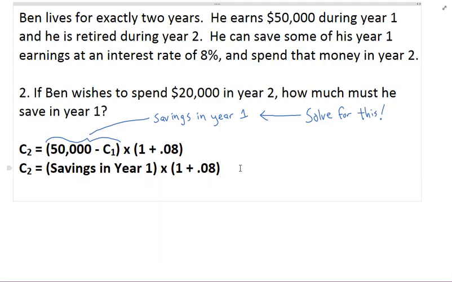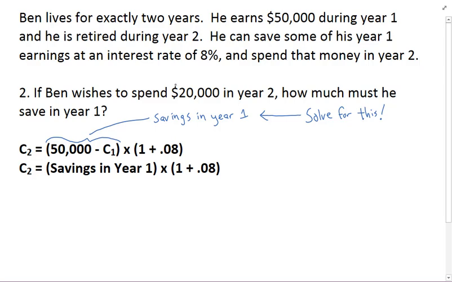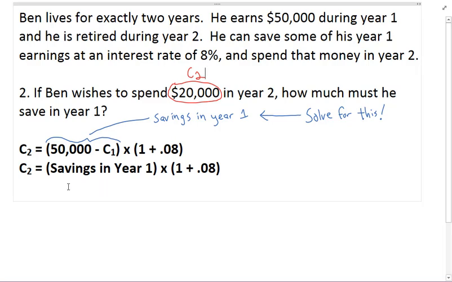We can plug in the number for C2. C2 is his spending in year 2. He wants to spend 20,000. So we can put that in for C2. Here I go. 20,000 equals savings in year 1 times (1 plus 0.08).